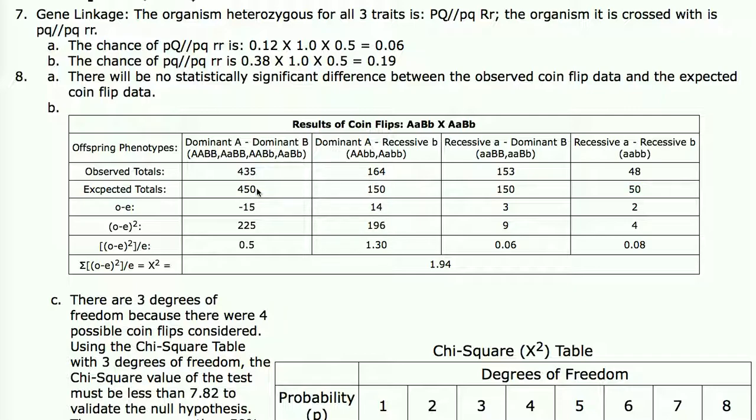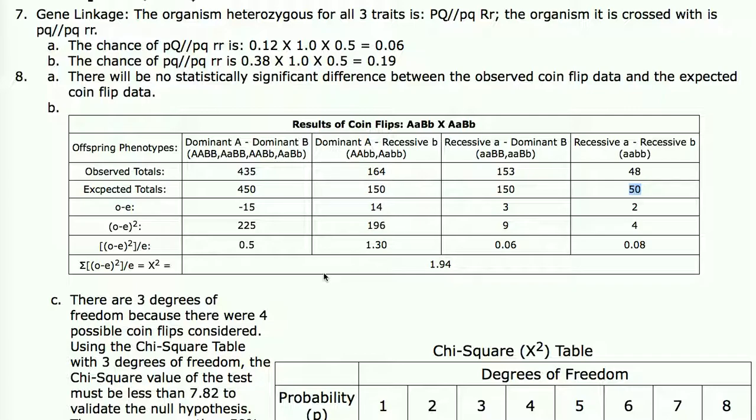So 9/16 of 800 comes out to 450. 3/16 of 800, which is what you expect for this, comes out to 150. Another 3/16 of 800 comes out to another 150 here. And you're only expecting 1/16 of the offspring to be recessive for everything, and 1/16 of 800 is 50.